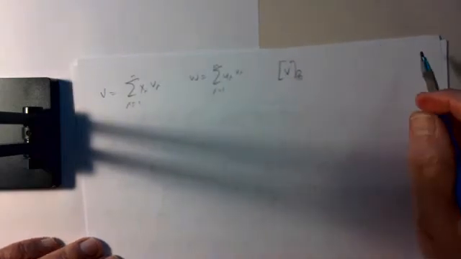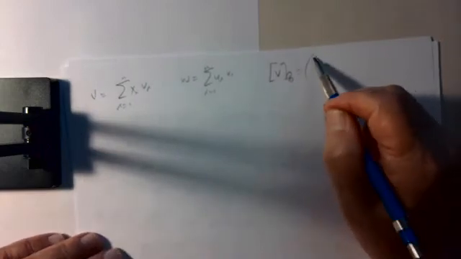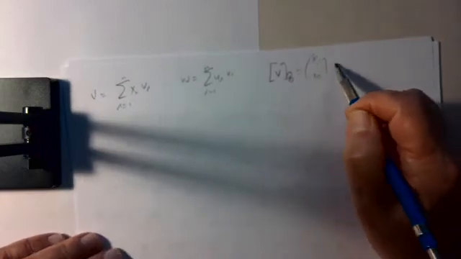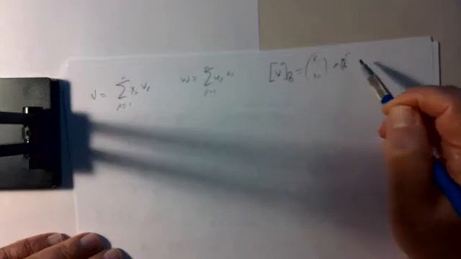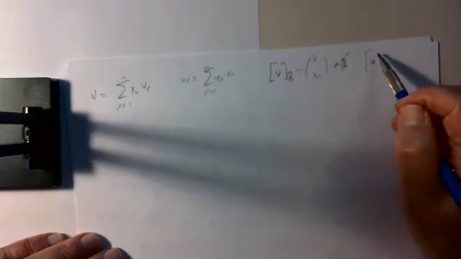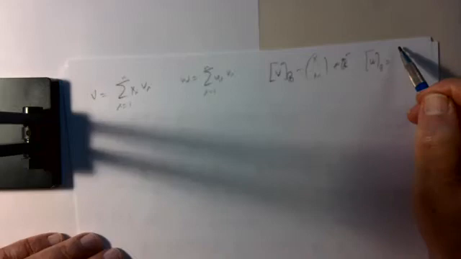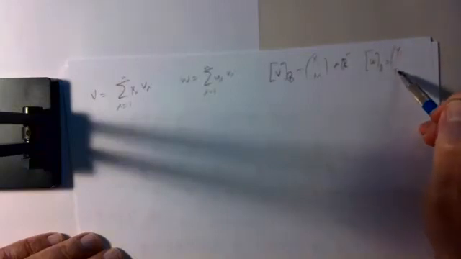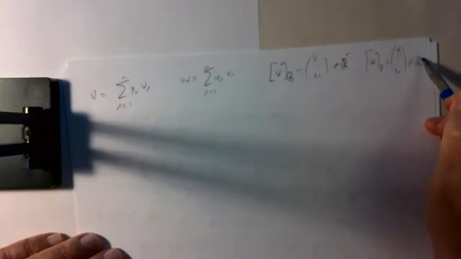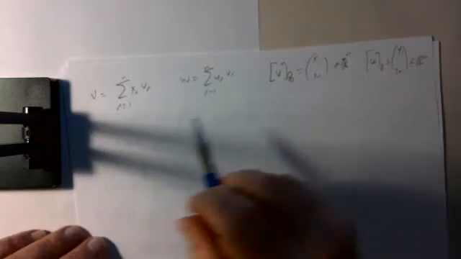So the coordinate vector of V with respect to B is x1 to xn in Rn, and the coordinate vector of W with respect to B is y1 to yn in Rn.